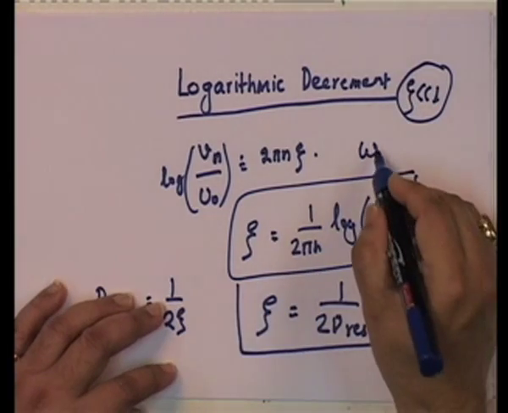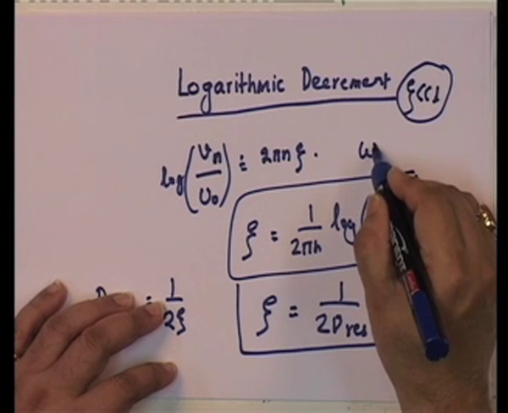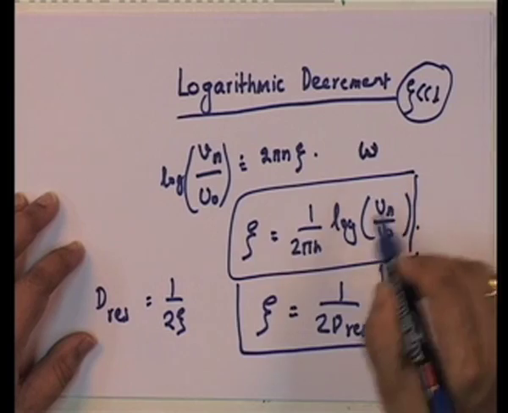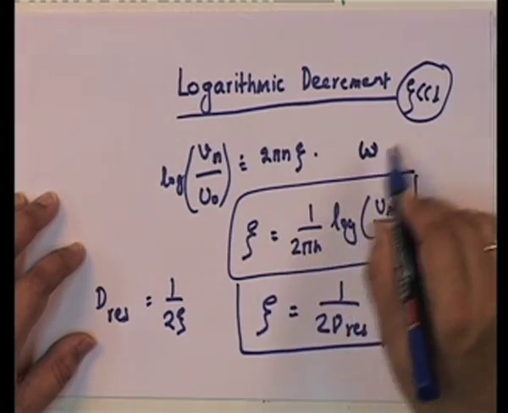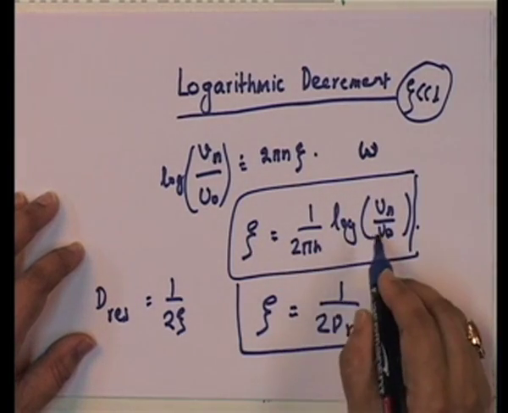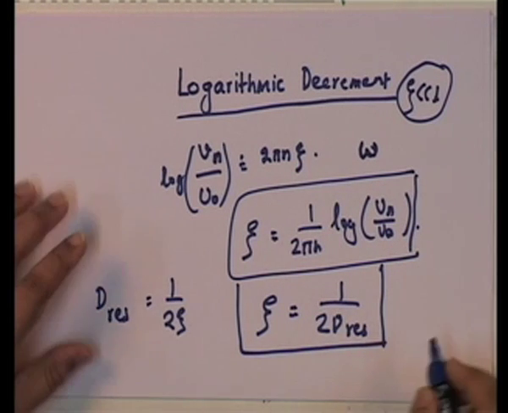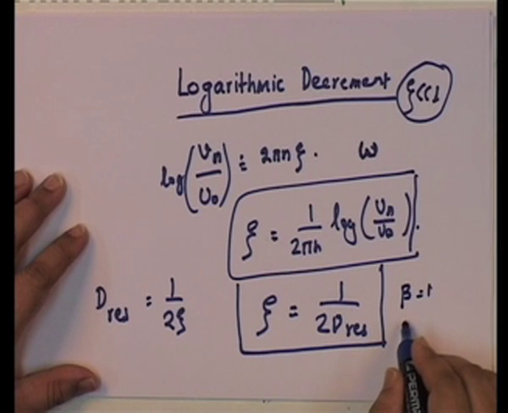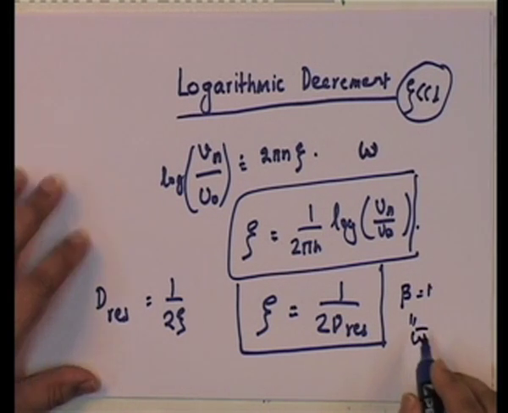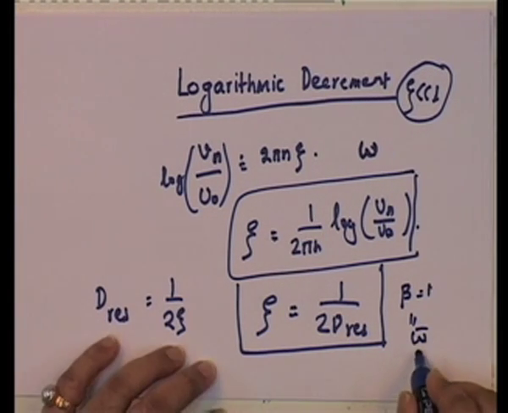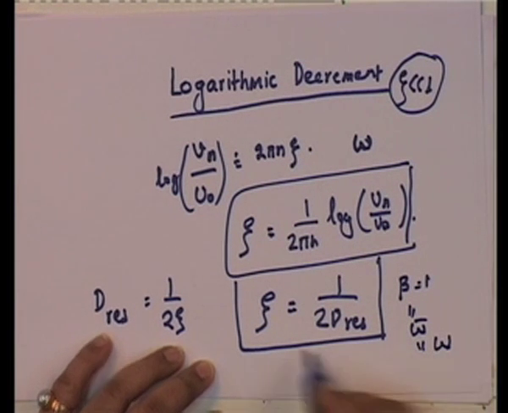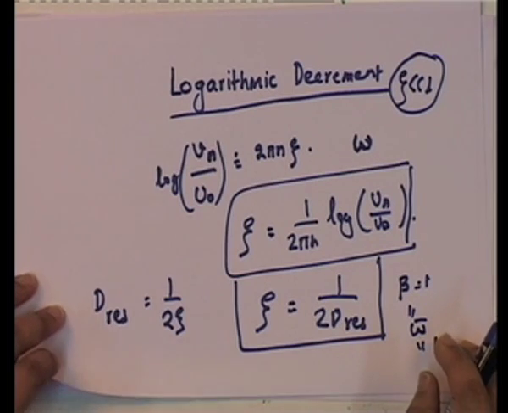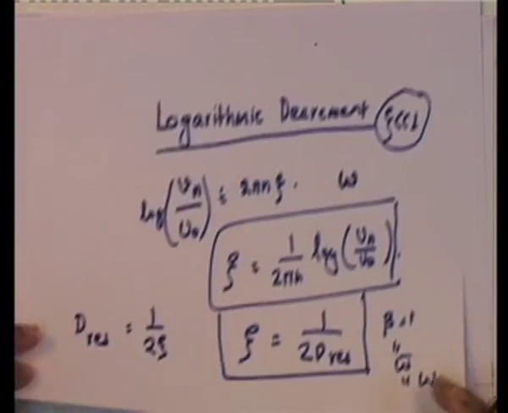So omega d is really the same as omega if xi is less than 1. We can get omega from the free vibration, and xi from logarithmic decrement. Similarly, if we look at beta equal to 1 and the value of omega bar, that would give us omega, and xi we would get as 1 upon 2 D. So if we get the dynamic amplification factor, we could do it this way.